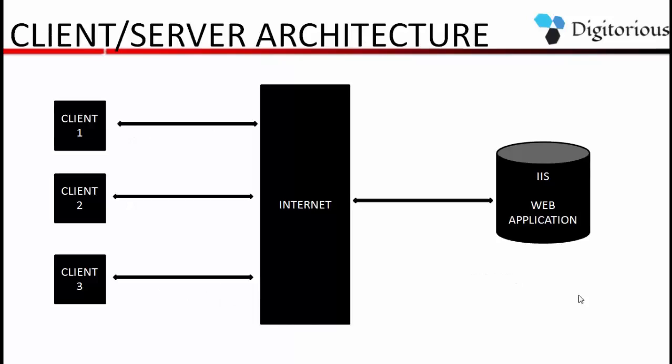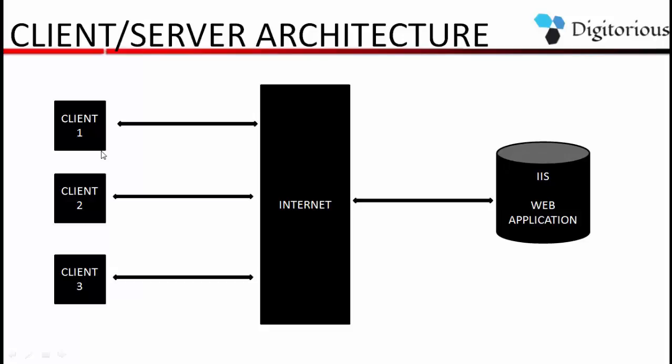Now let's understand the client-server architecture under which all the web applications work. If you have a look at this diagram, these are the different clients, or you can call them users, which are using the internet to access this particular web application which is deployed over the server, which is IIS, which stands for Internet Information Services, a host for hosting ASP.NET web applications.